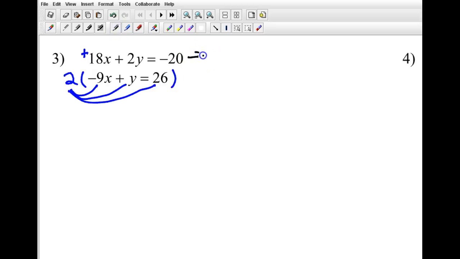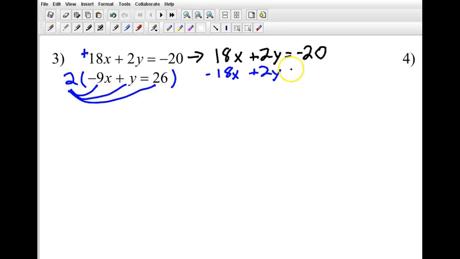Okay. Top equation stays the same. Doesn't change. But now the bottom, 3 times you're going to multiply. So 2 times -9 is -18. That's what we wanted. 2 times y is 2y.